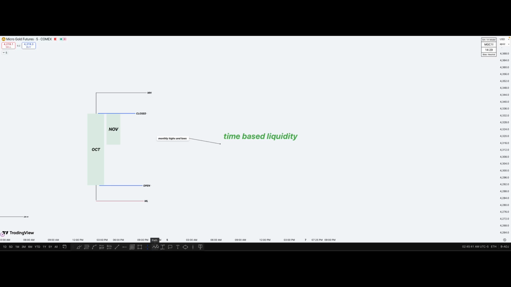What do we mean by driver? Driver means liquidity. So before going to the monthly low or anywhere in the market, the price has to take out the nearest draw on liquidity. In this case, the nearest draw on liquidity is this one.